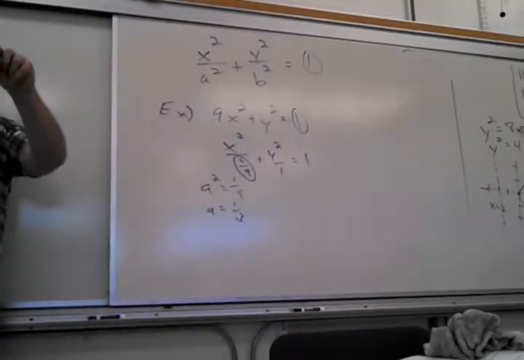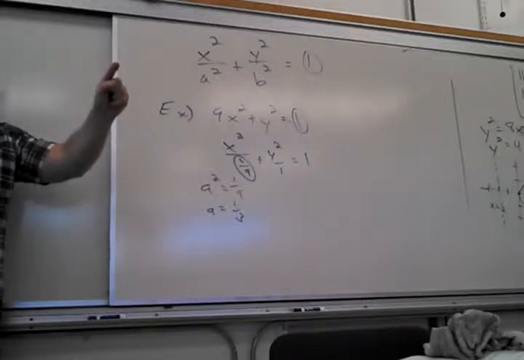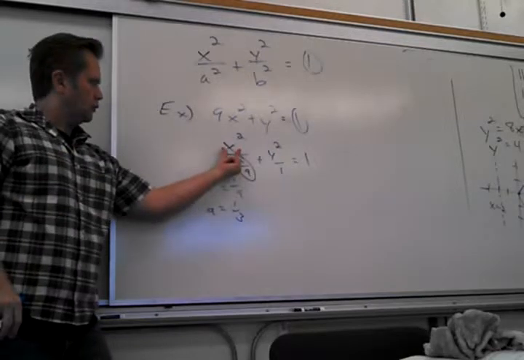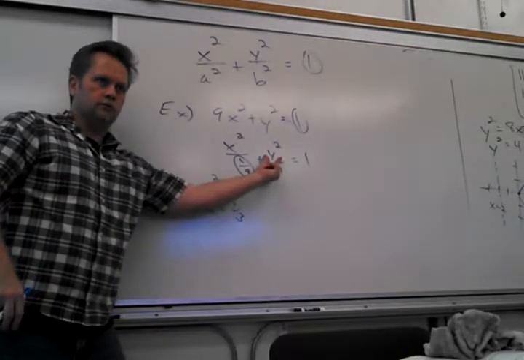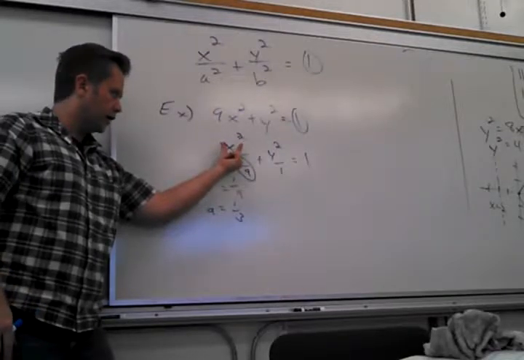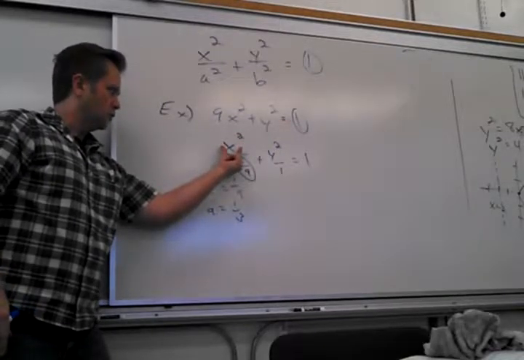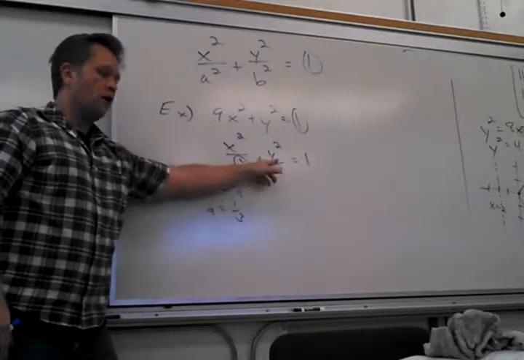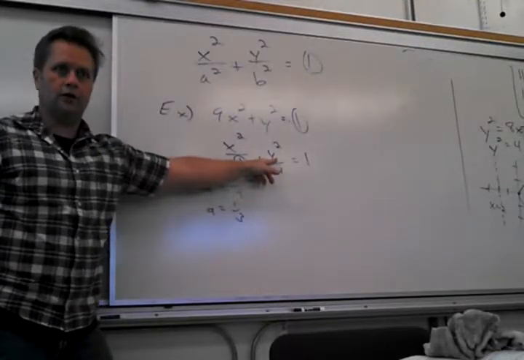I'm going to go out 1/3 on the x-axis, because for x equal to 1/3, y would be 0. If I let x equal 1/3, 1/9 divided by 1/9 is 1 already, so y has got to be 0.